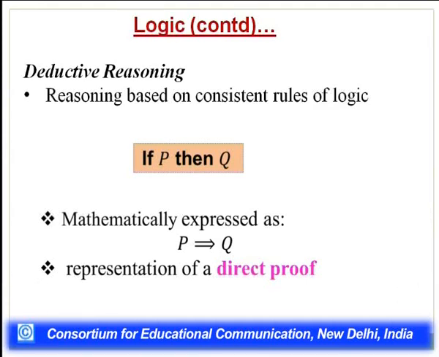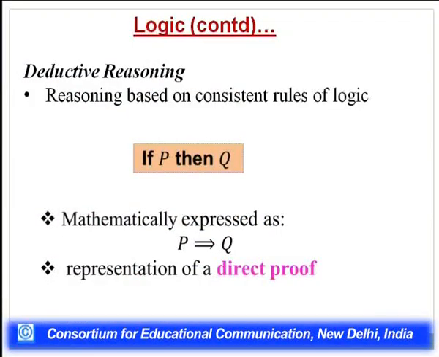To see this, let's suppose I have two propositions P and Q. Whenever P is true, Q is also necessarily true. This is written as "if P then Q", and is to be read as: if proposition P is true, then proposition Q is also true.